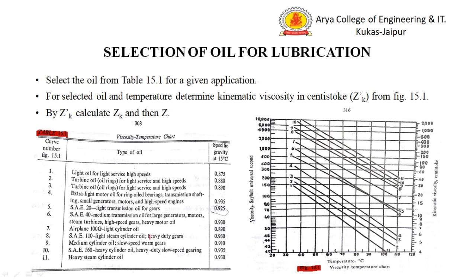In table 15.1, as shown, there are 11 types of oils for different applications. In figure 15.1, we can find the Saybolt seconds and also the kinematic viscosity in centistokes.